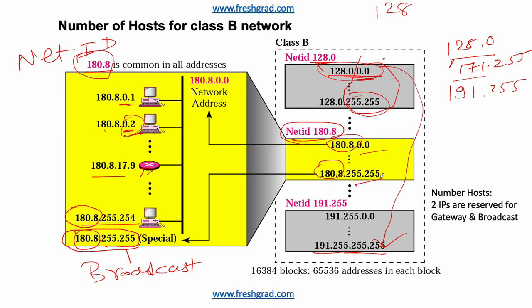And this is your host ID. And this is the third example, right? 191.255 is your network ID and this is your host ID. How many addresses can you have in here? 65536. Okay, this many addresses you can have in this range.